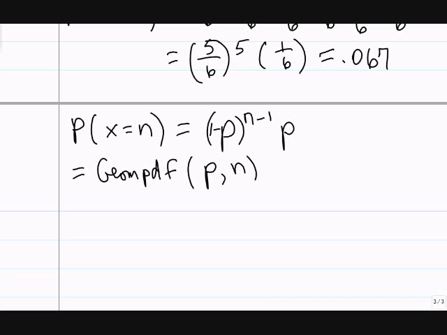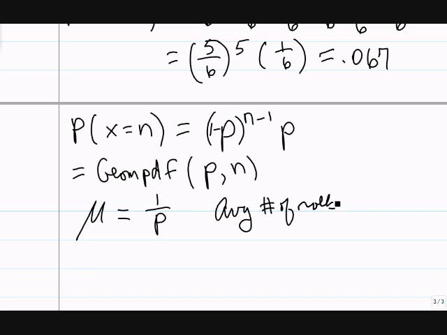Okay. So this distribution also has a mean. Its mean is 1 over P. So the average number of rolls it's going to take me to get a 5 is going to be 1 over 1/6, which is how many? 6.